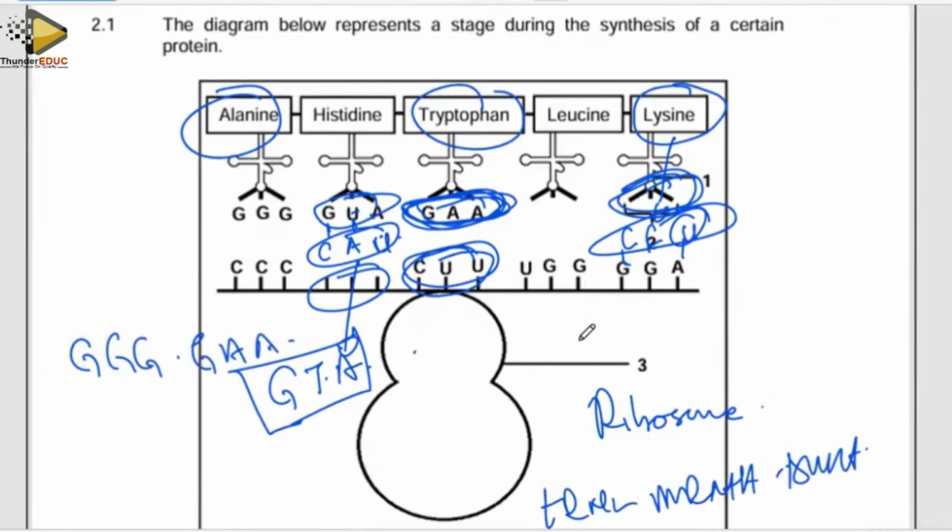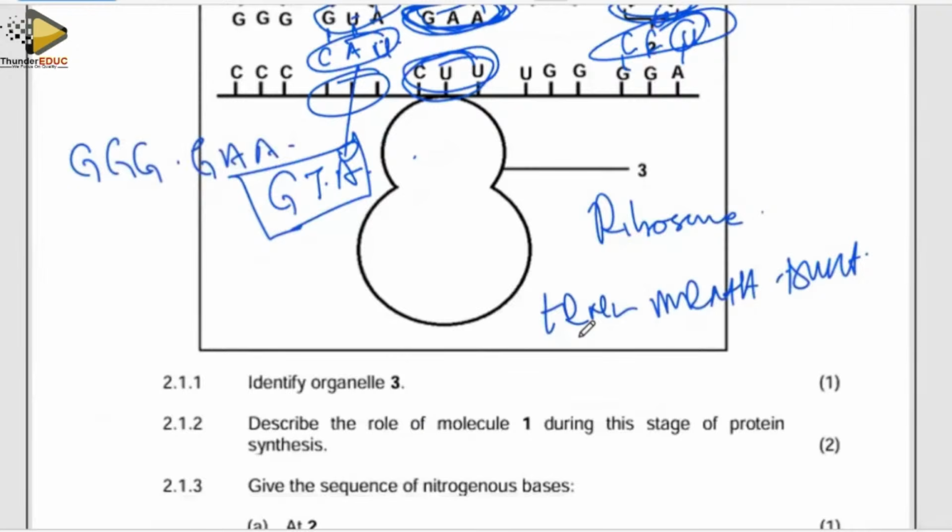Yes, that means that the DNA sequence changed from GG to GAA. That's the meaning. You understand? So basically it means that the G's were replaced with A's.